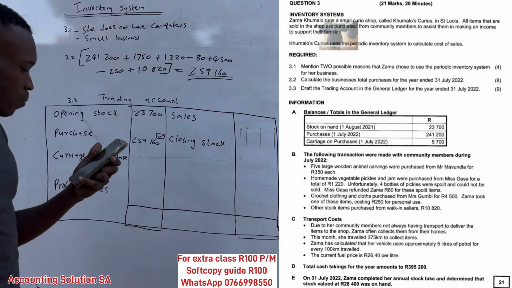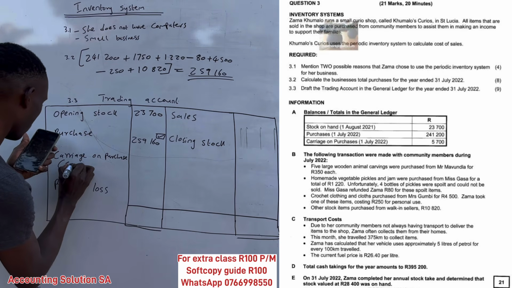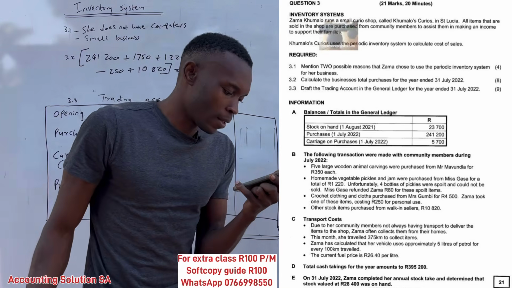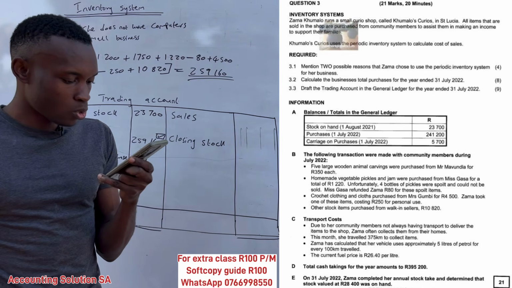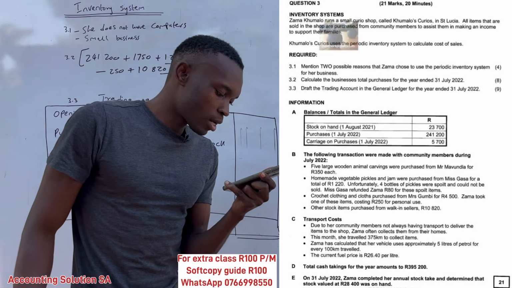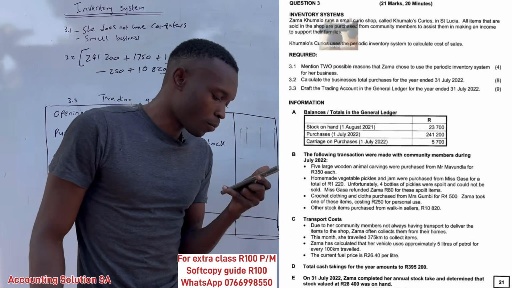Okay, and carriage on purchase, we have it on the table. It's 5,700. We need to check further information, which is number C. Information number C, guys, they said due to her community members not always having transport to deliver items to the shop, Zama often collects them from their homes.